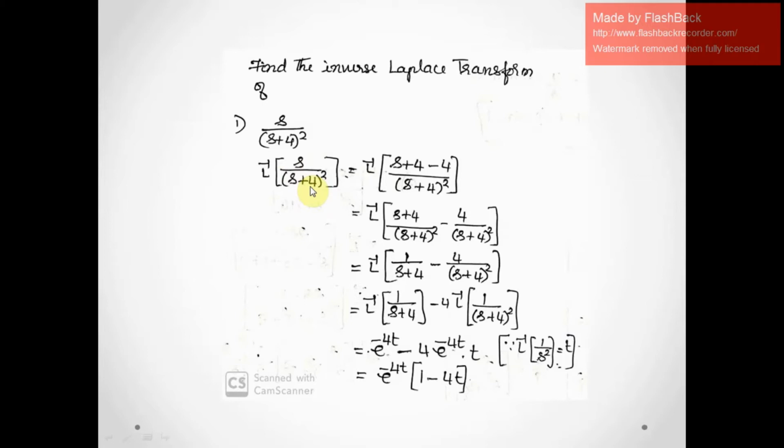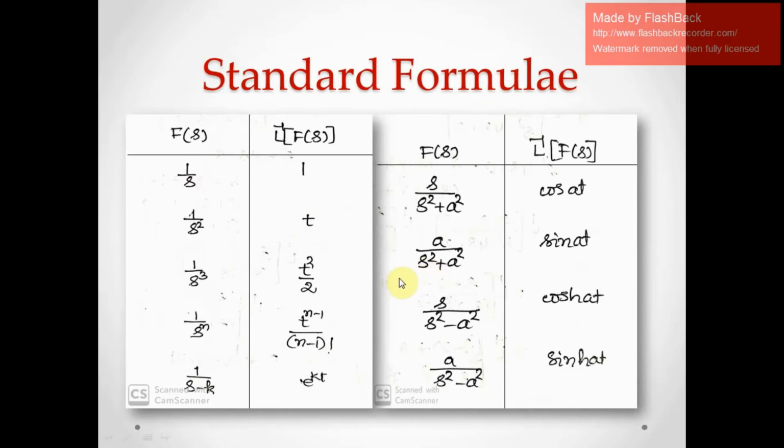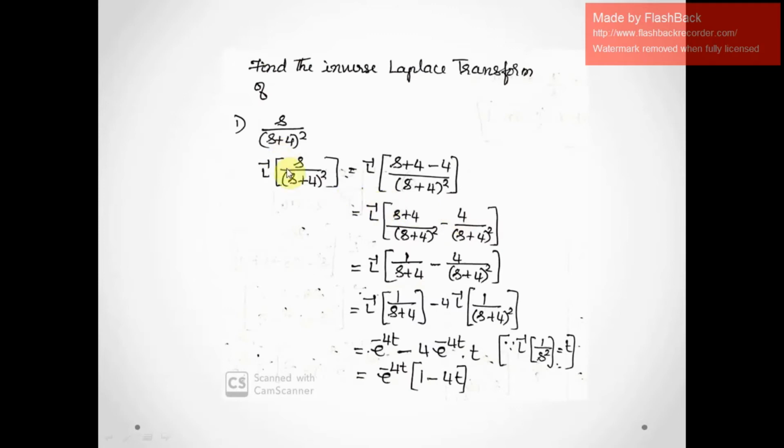S by s plus 4 whole square is of the form a plus b whole square in the denominator. S is there, but there is no a plus b whole square format. I have only a square plus a square. So I will have to convert it to the form a square plus a square, or do some other trick.